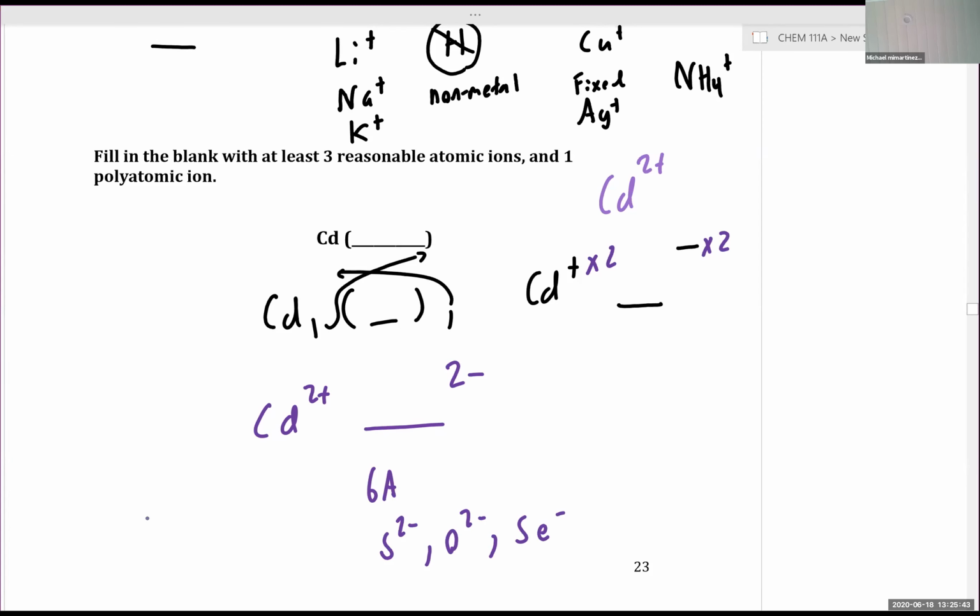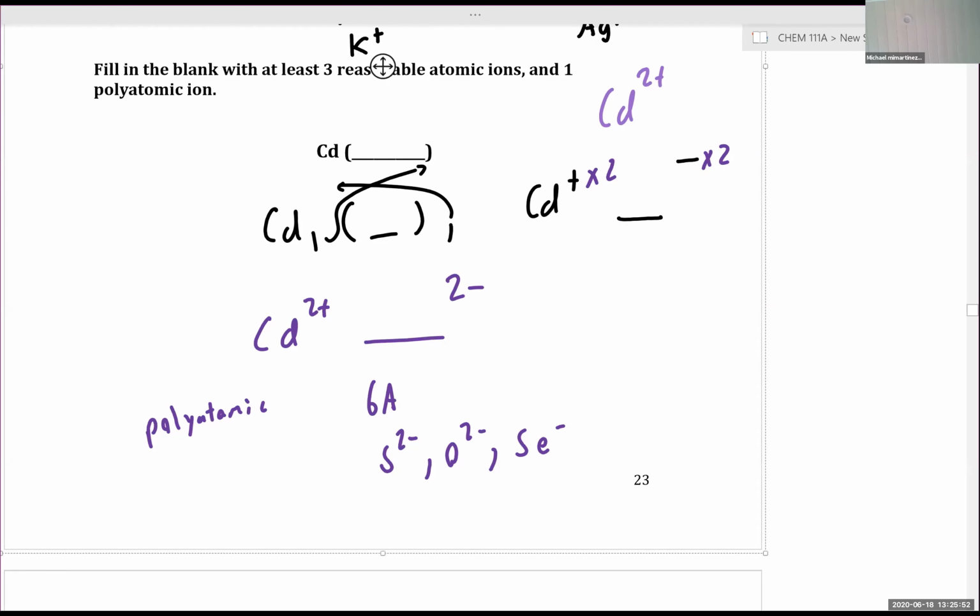In terms of our polyatomic ion, there are a ton of them with a 2 minus charge, some of which would be carbonate. Let's try to get a little bit of variation. So sulfate, chromate, there are a whole number of polyatomic ions with a 2 minus charge. Okay, so that's that problem in a nutshell. Any questions on this example? If not, let's continue our discussion.